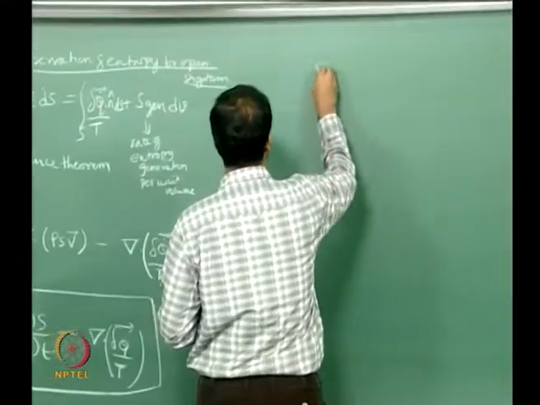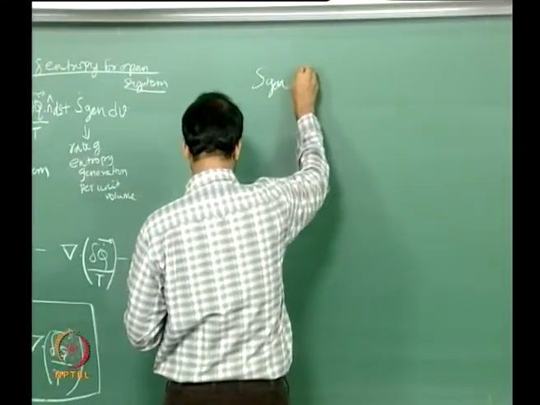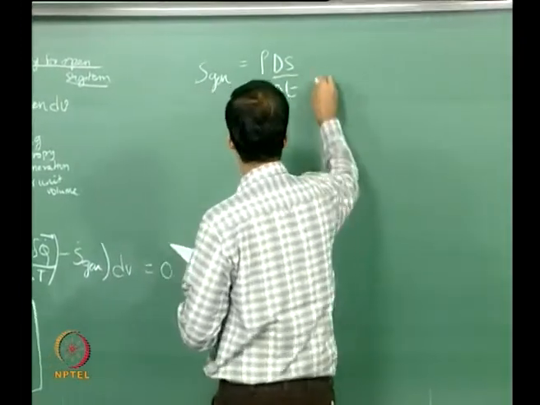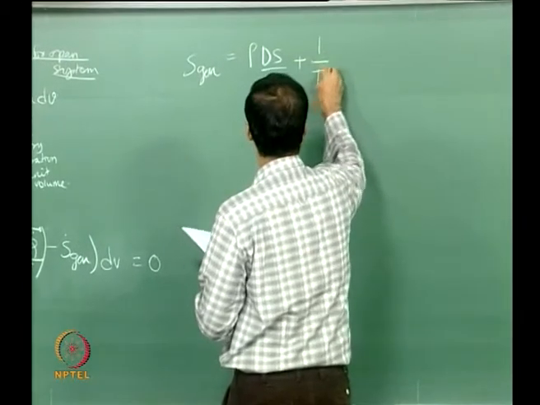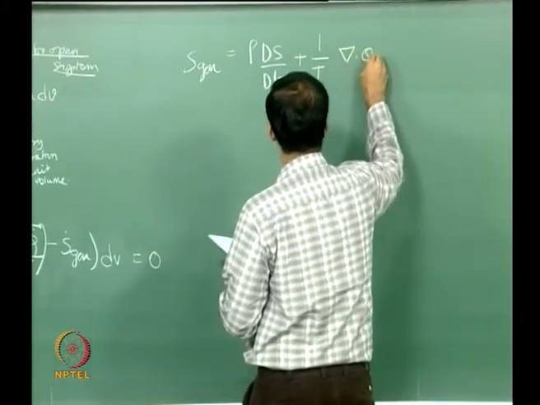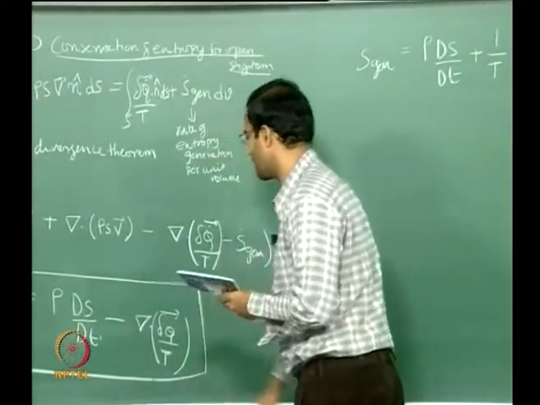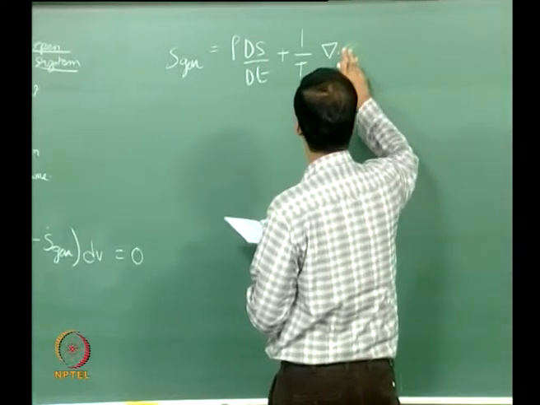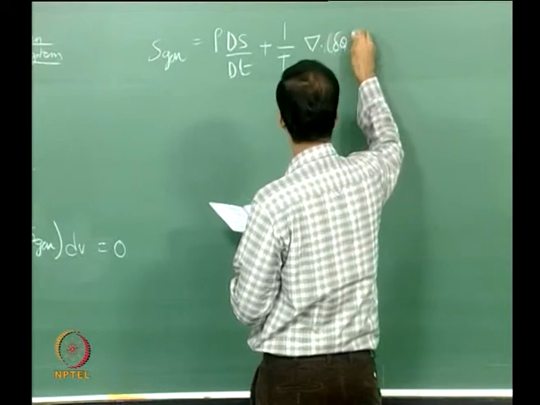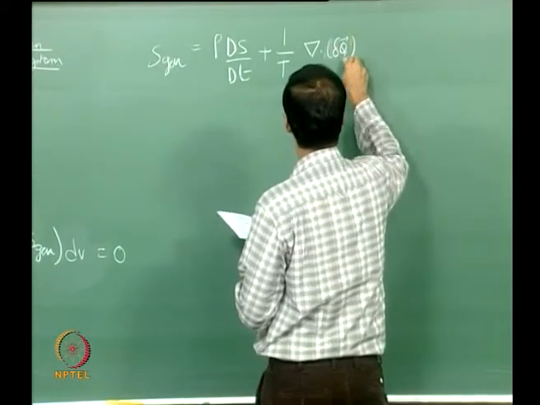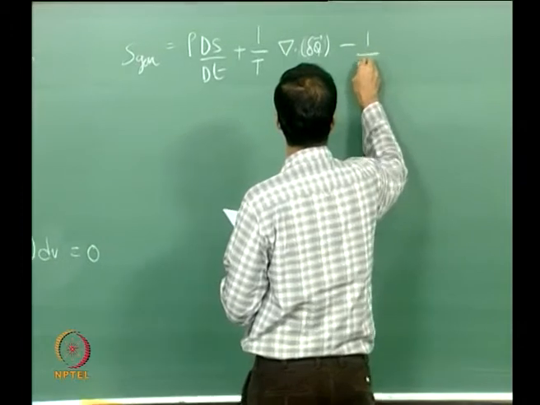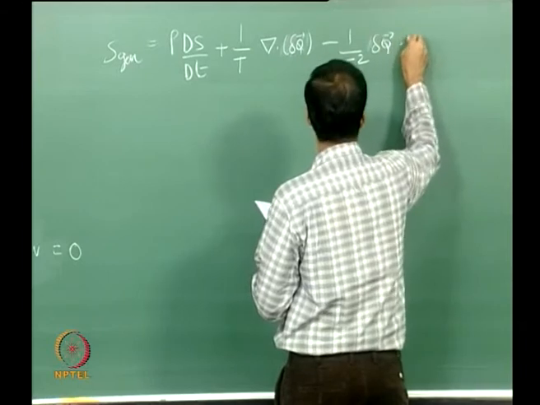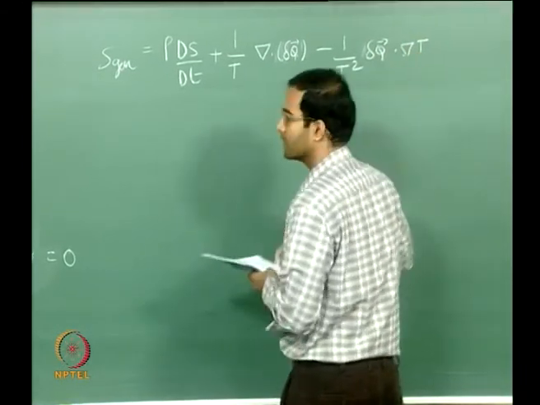So I can express this as S dot gen is equal to rho ds by dt plus 1 by T, I can split it up, I can take 1 by T out, del dot del q, that is one term, the other term is 1 by T square del q dot del T, okay, right.